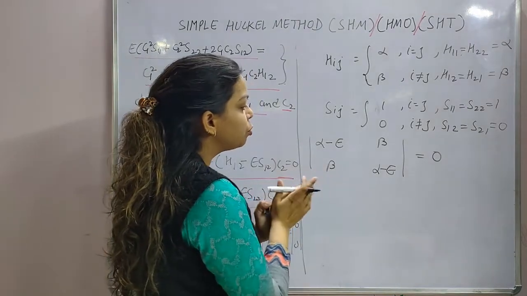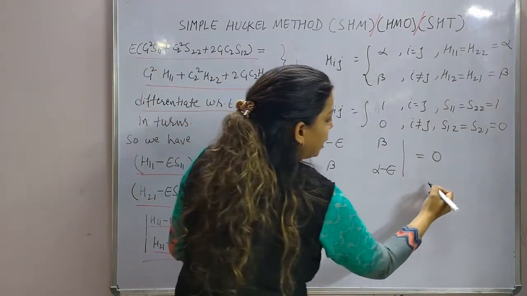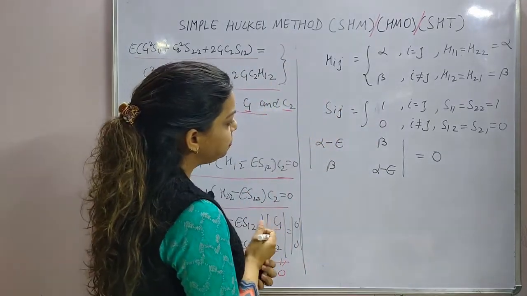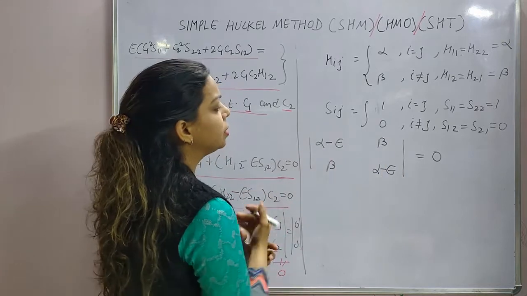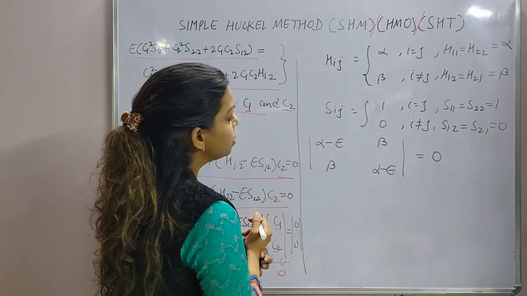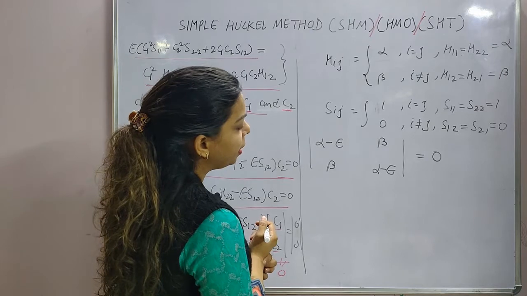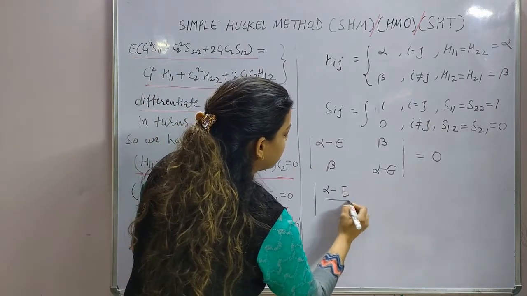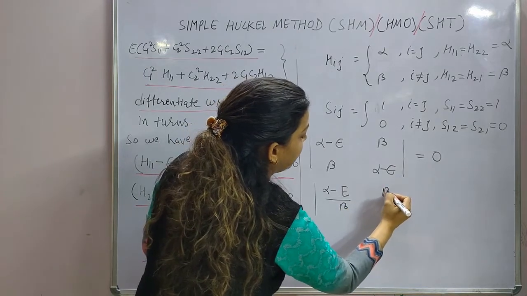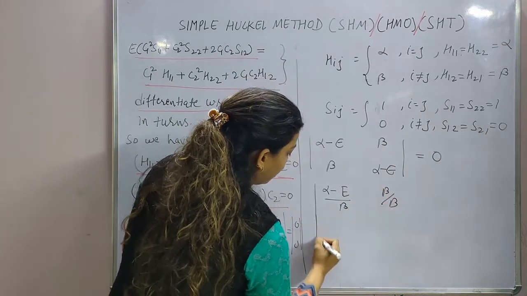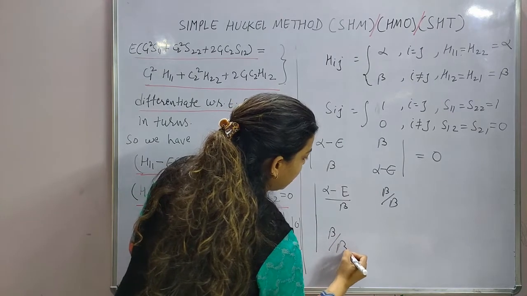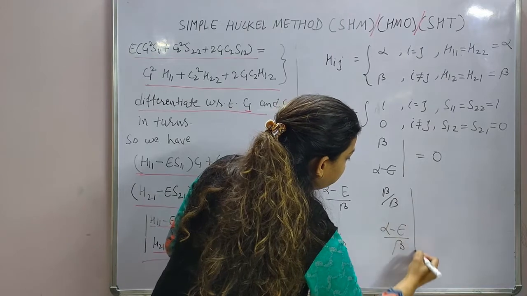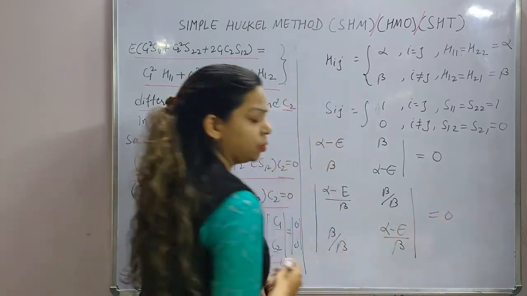We further would like to solve it because we are going to solve it for the energy expression E. So let me divide all the rows by beta. So I will have alpha minus E over beta, beta upon beta, and here beta upon beta, and alpha minus E over beta is equal to 0.